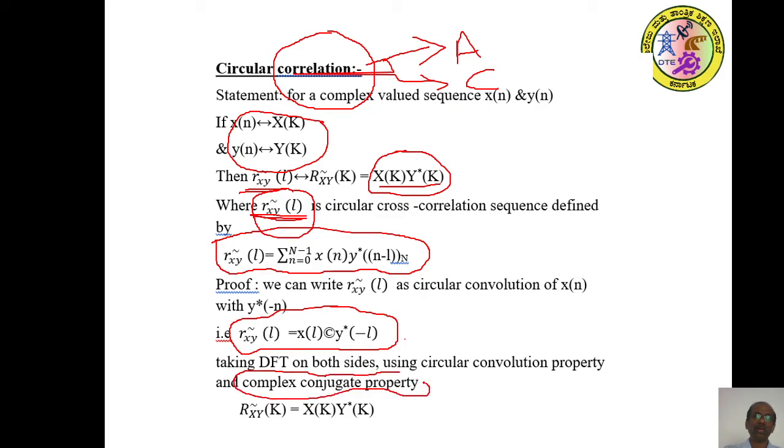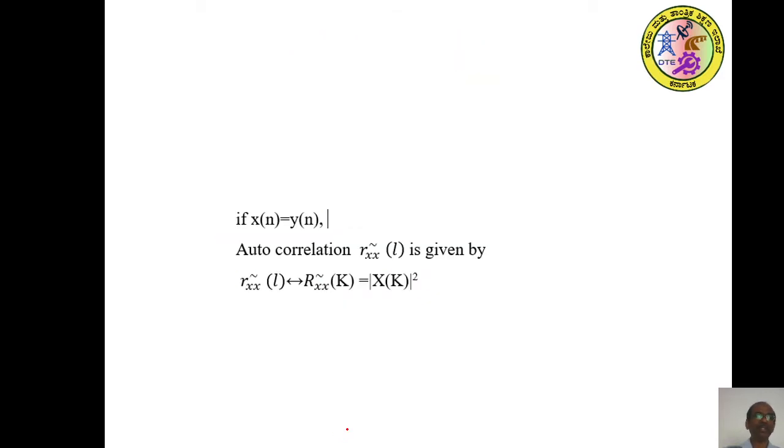There I told that if you do complex conjugate in the time domain, it's equivalent to complex conjugate with unfolding in the frequency domain. If you perform complex conjugate with unfolding in the time domain, it's a simple complex conjugate in the frequency domain. Hence the proof. Very simple.